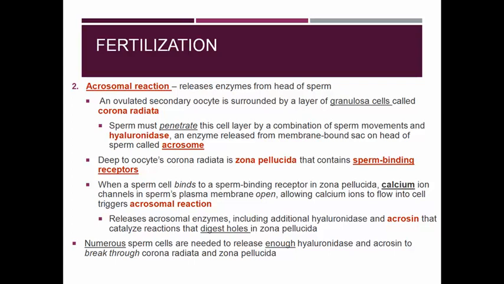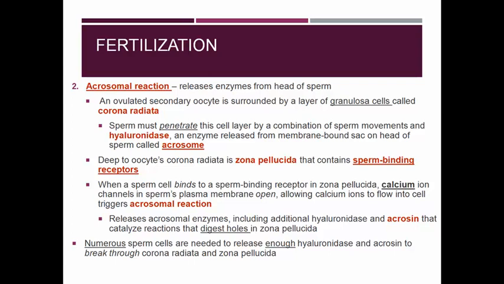So there's a combination of the movements of the sperm and the enzyme hyaluronidase, which is the enzyme that's released from the acrosome of the sperm that actually will create a hole in the corona radiata or the granulosa cells.